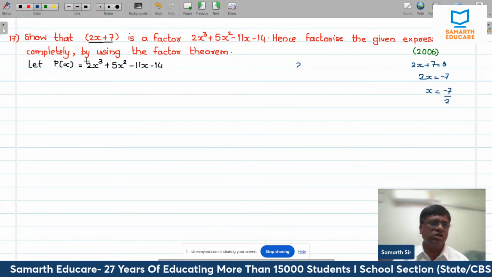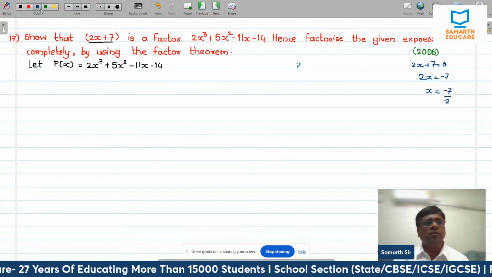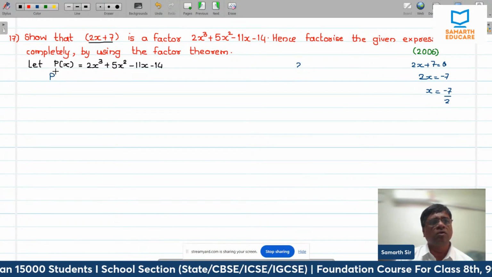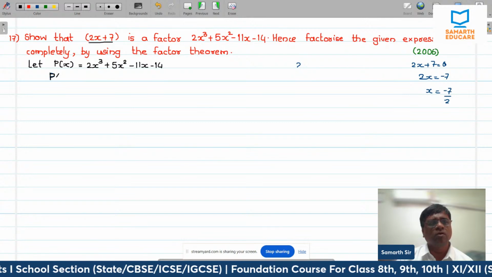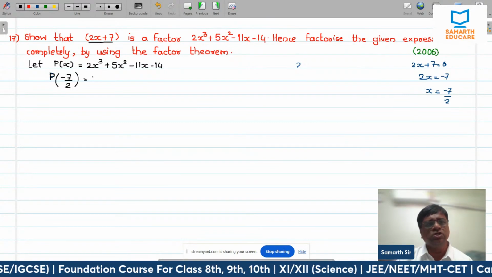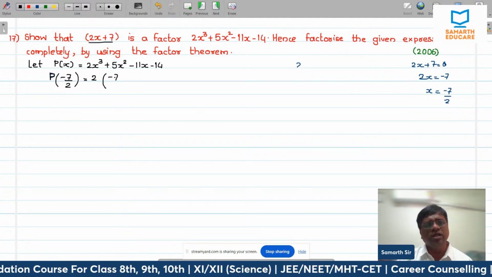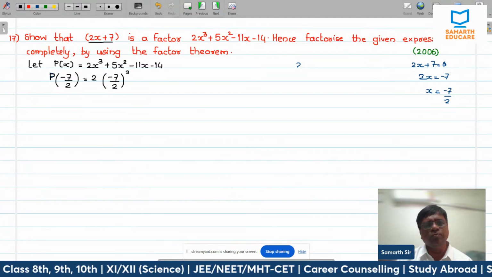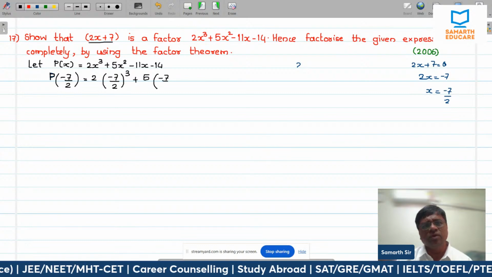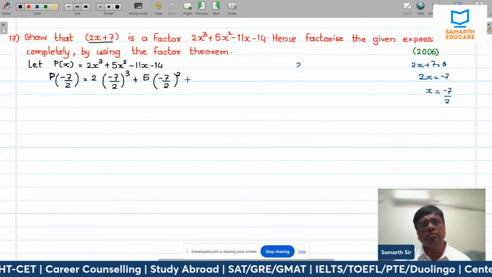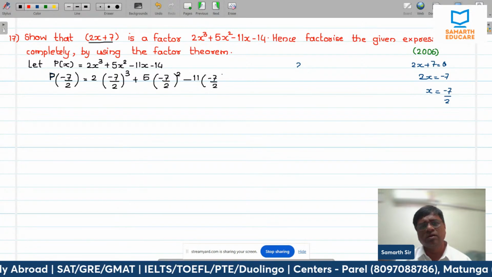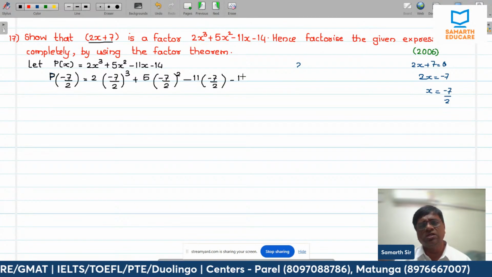You have to be very patient about this problem. Okay, first of all, P of minus 7 upon 2 is 2 into minus 7 upon 2 whole cube plus 5 into minus 7 upon 2 whole square minus 11 and minus 14.